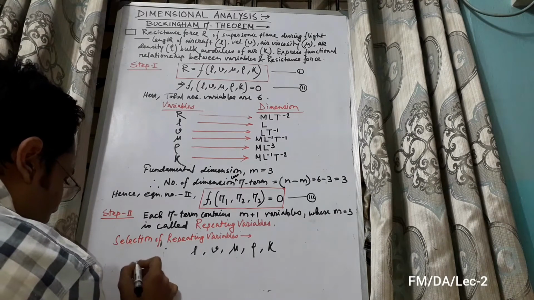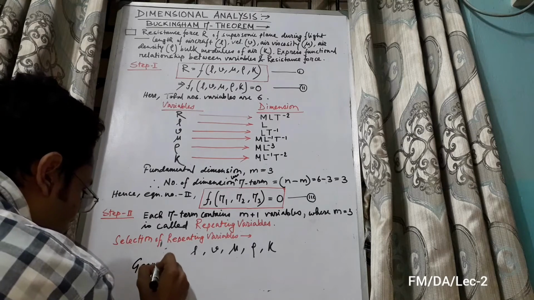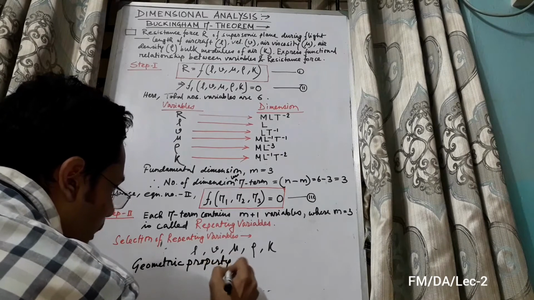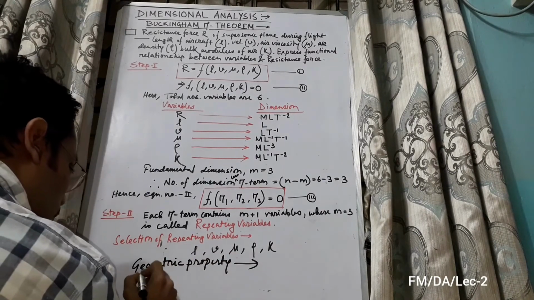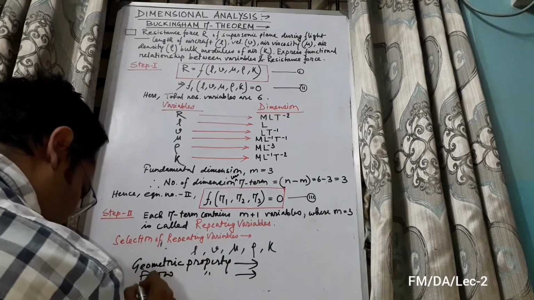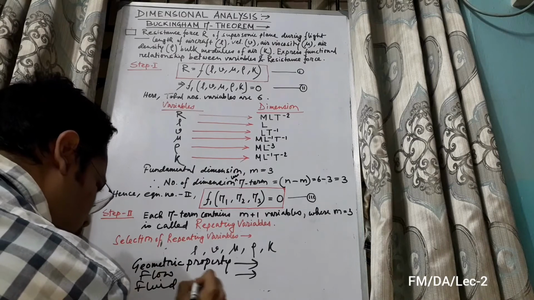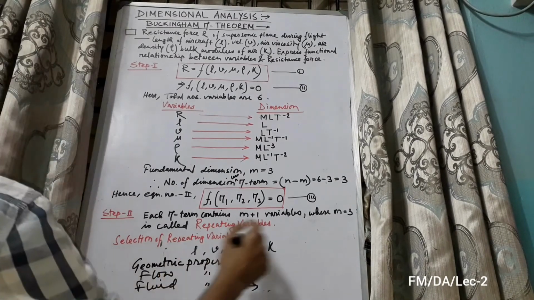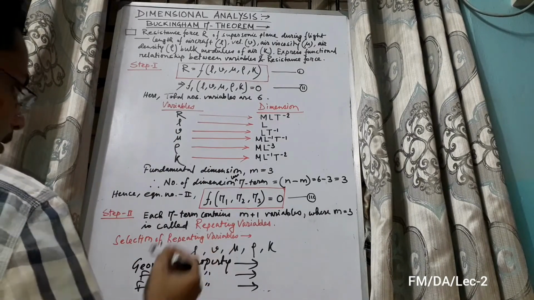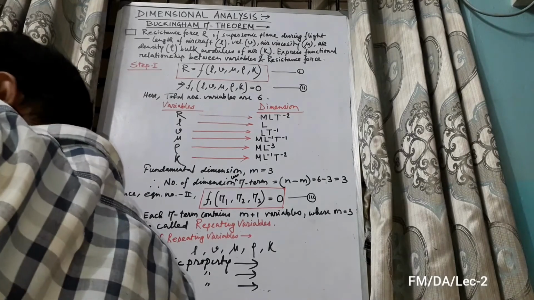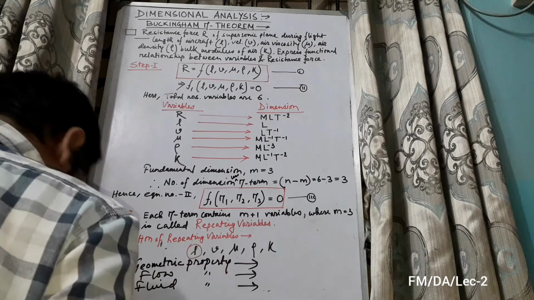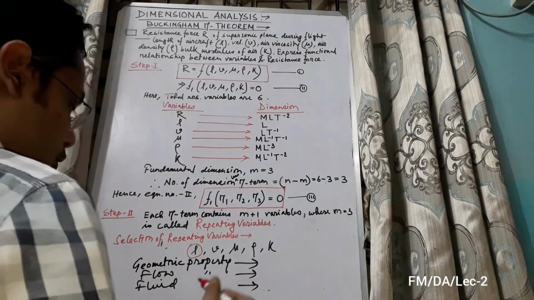First consideration is geometric property, then flow property, and then fluid property. Among the variables, first we consider geometric property. So L is taken for geometric property.